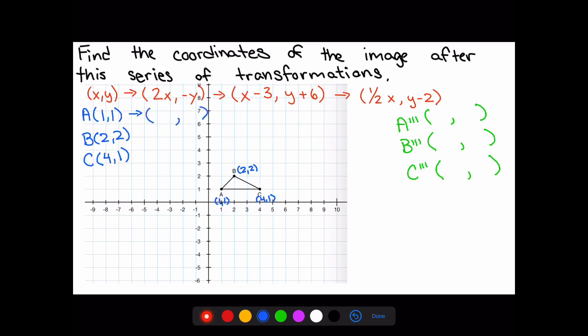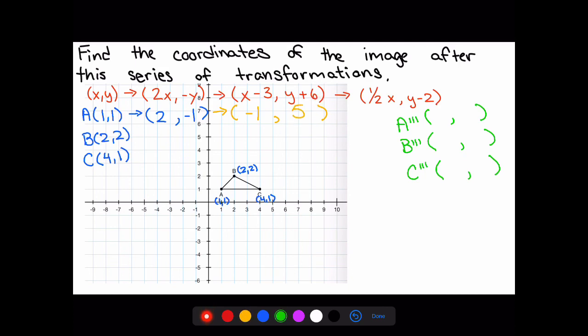If I'm doing 2x comma negative y, I'm going to multiply my x value by 2 and negate my y value. So I now have 2 comma negative 1. Next, I move it into my next transformation, x minus 3, y plus 6. Well, 2 minus 3 is negative 1. Negative 1 plus 6 is positive 5.